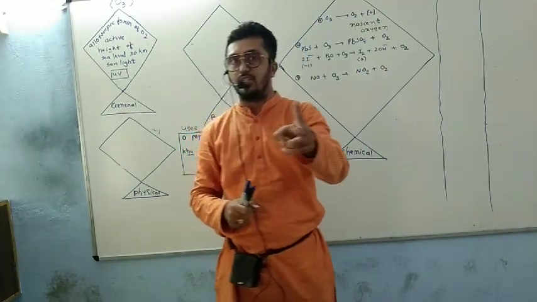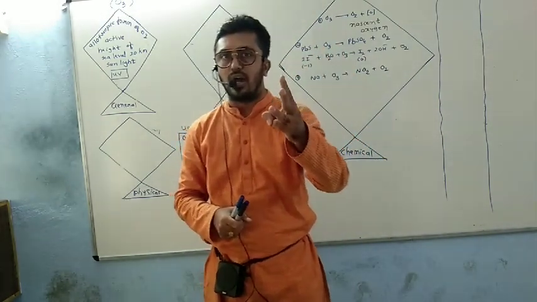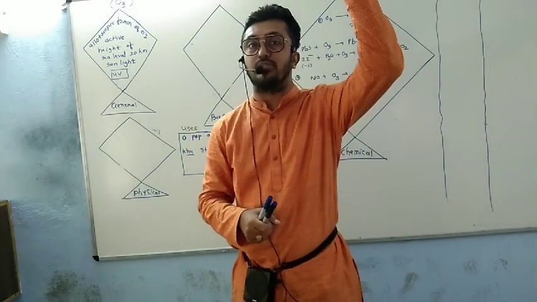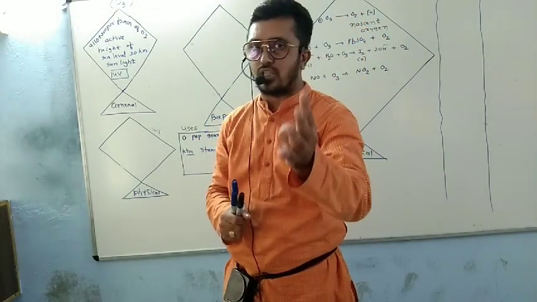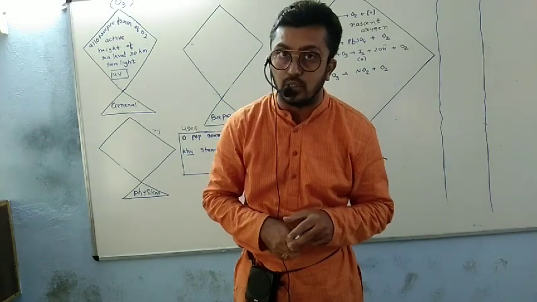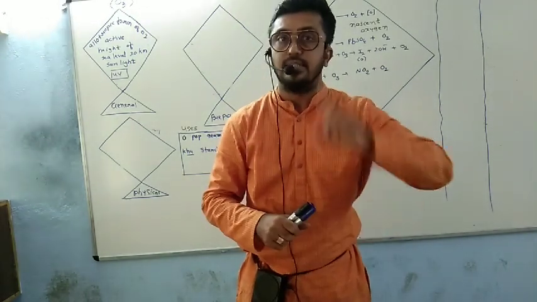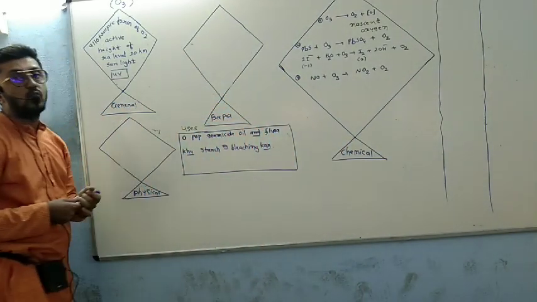Point number 2, it is very active. Point number 3, it is prepared at a height of 20 km from sea level in the presence of sunlight, and it protects our earth from the very harmful ultraviolet rays obtained from sun rays.